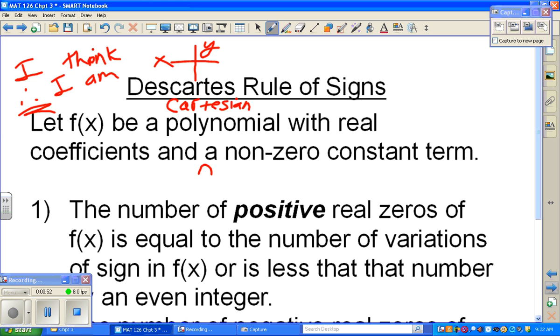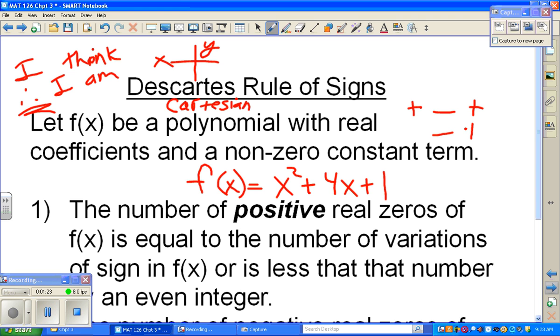So, Descartes' rule of signs. If you have a polynomial, say f of x equals x squared plus 4x plus 1, we know there are 2 zeros, 2 x values that make it equal to 0. Descartes, who was a mathematician and somewhat of a scientist and a philosopher, said that if you look at the number of sign changes from each term, a sign change counts from positive to negative or from negative to positive.